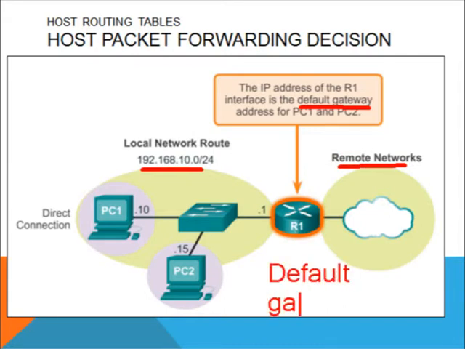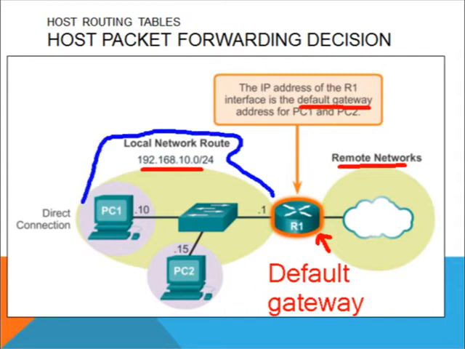The default gateway is a technical term to describe this router sitting at the border of the network, and this router will be the gatekeeper or the guardian to ensure that the information coming in and going out of the network is correct.